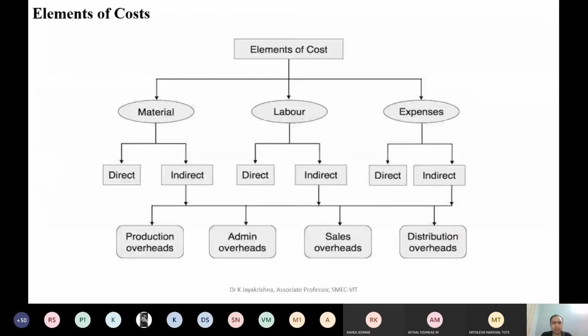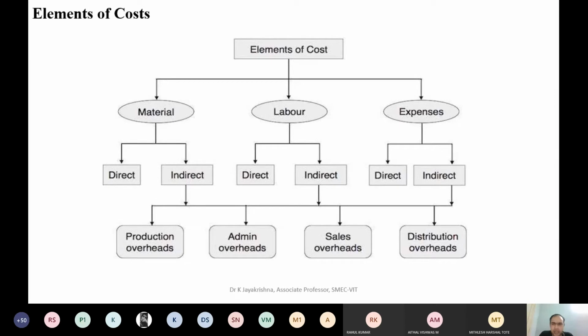Now we are going to classify cost in a detailed pattern. If you observe the flow chart in your slide, based on our discussion, the cost can be classified into three types fundamentally: material, labor, and other expenses.